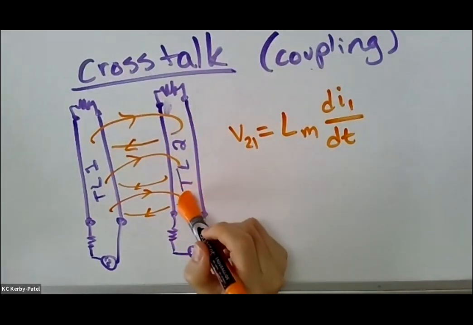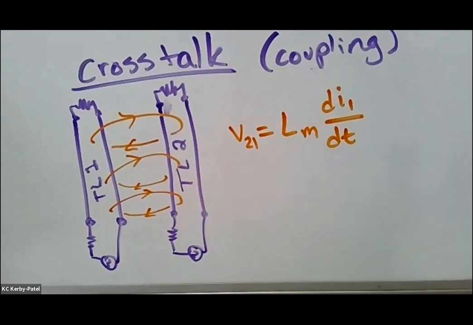This is on 2 due to number 1. You can put some shielding on your transmission lines to mitigate these kinds of effects. You can also choose the type of transmission line that you use to mitigate this.